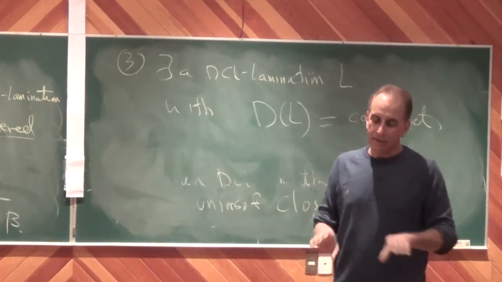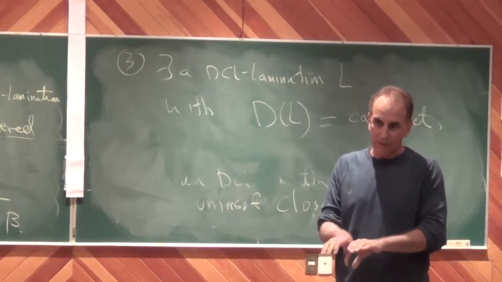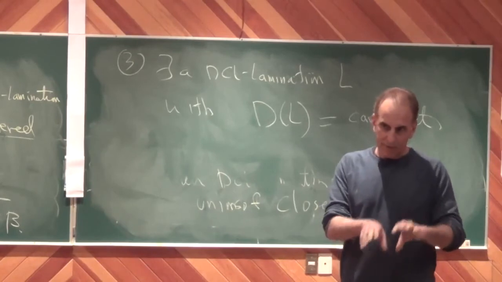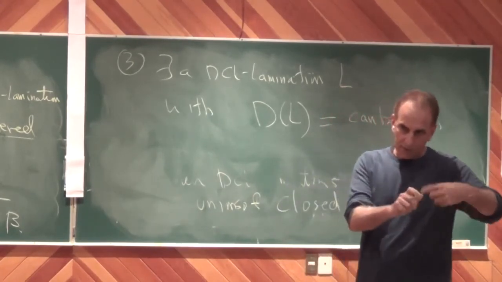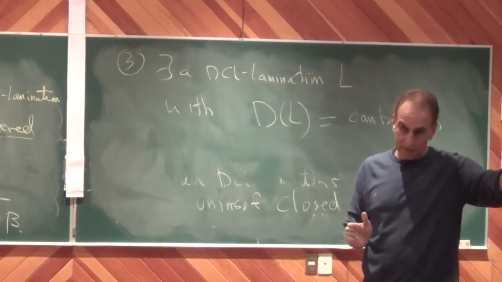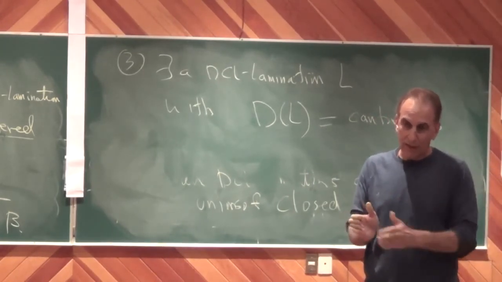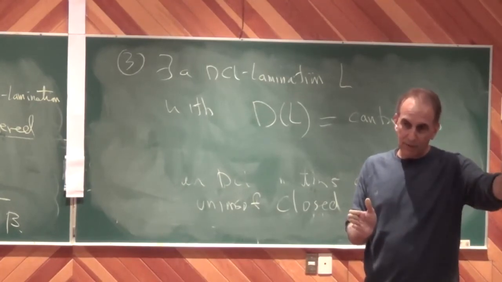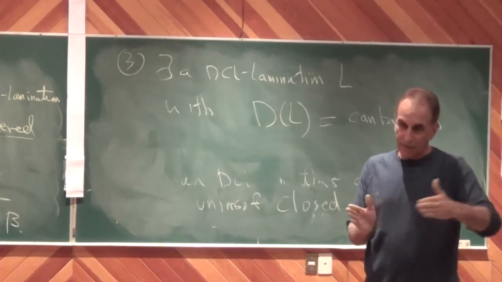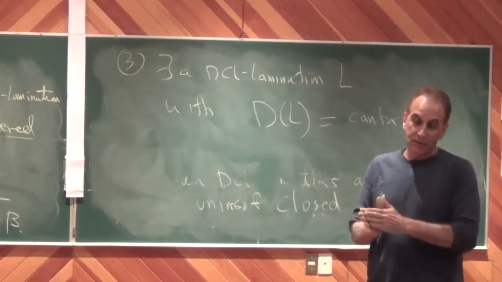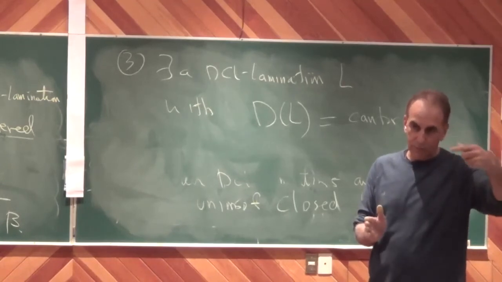I'll give you a simple example. You start with a pair of pants. We want another pair of pants. We want another pair of pants. If you look at those geodesics that you're gluing along, they're nested. If you do this so that this surface in the limit is, for example, not complete, so that it limits to something open, then there's an example of this sequence of closed guys converging to this open guy.